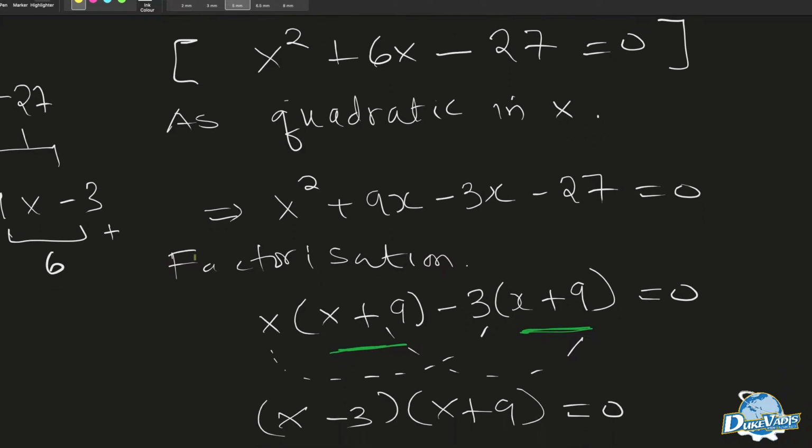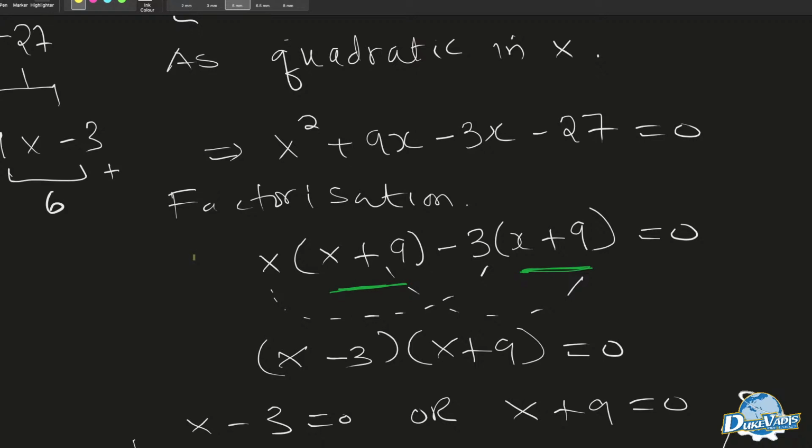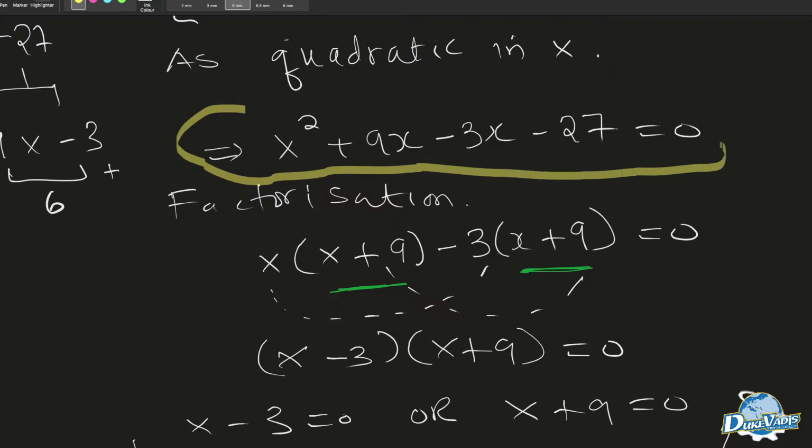So we said our factors are 9x and minus 3x. We substituted back into the equation. We have x squared plus 9x minus 3x minus 27 equals 0. Then we did a bit of factorization. We pull x out, so we have x into bracket x plus 9, and minus 3 into bracket x plus 9 equals 0.